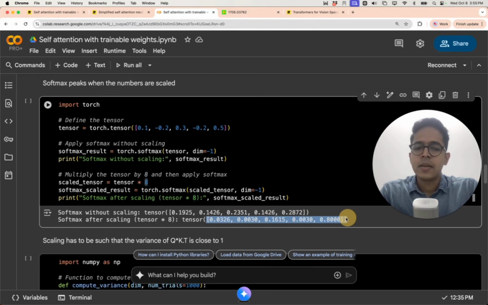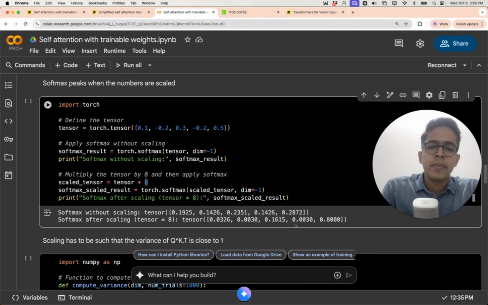My softmax distribution, again, will sum up to 1, but it is now so much sharper because these other numbers are now so small. The fifth number is now much bigger. 80% is the fifth number, but these other numbers became so small. On the other hand, the softmax before scaling was a more even distribution.